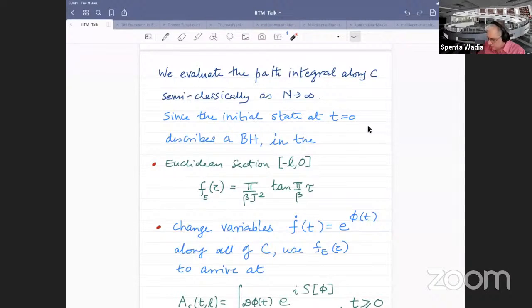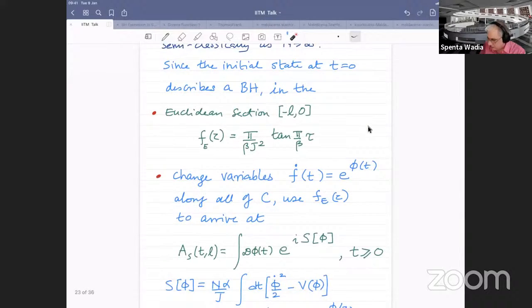So the solution that is characteristic of a black hole is precisely this map of tau to f of tau given by this tangent hyperbolic function. And beta is the temperature of the black hole. But now we are describing everything as a pure state, so it's just some parameter of the initial state of the system.